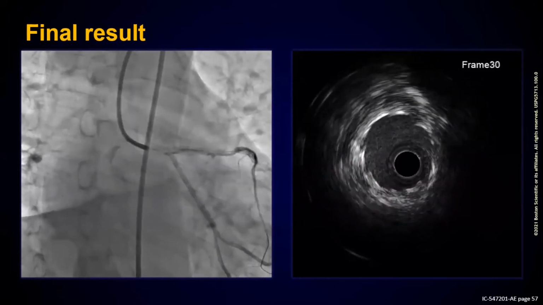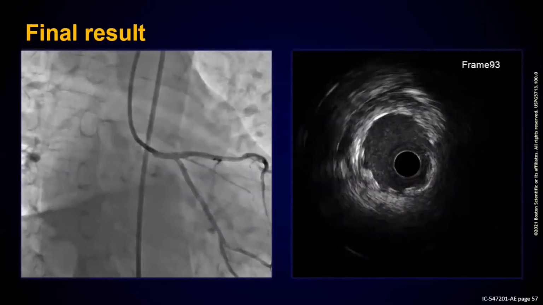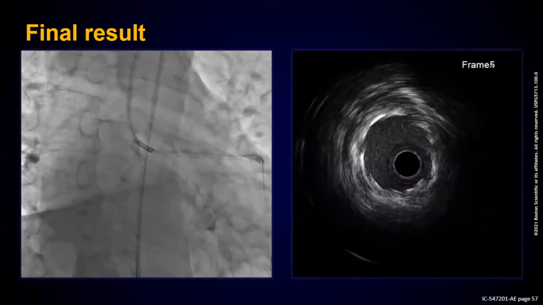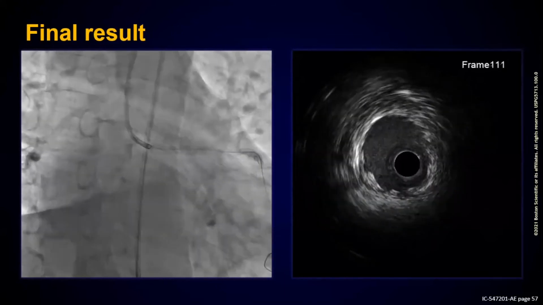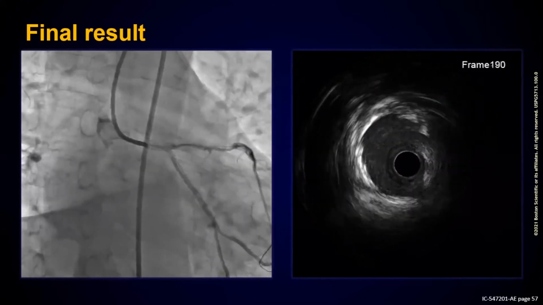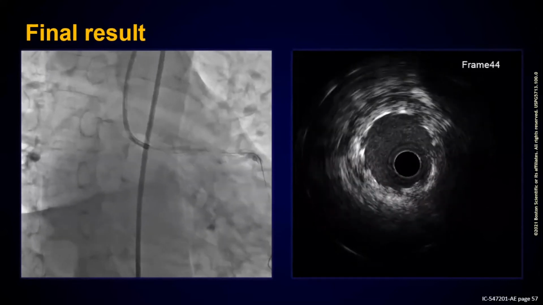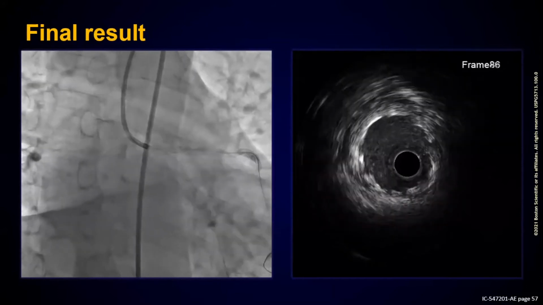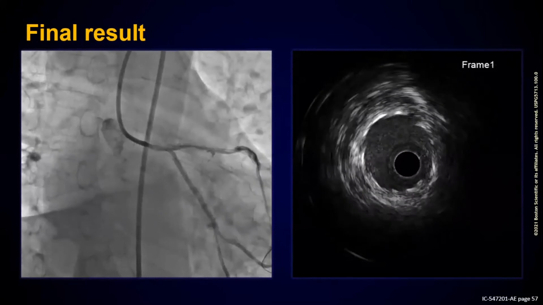I think one thing, let's not forget, is that the majority of people don't realize how big the left mains are. To be honest with you, if you are not dealing with a very large dominant circumflex, or a severe ostial left main stem and hot ACS, I think you will have a lot of time.